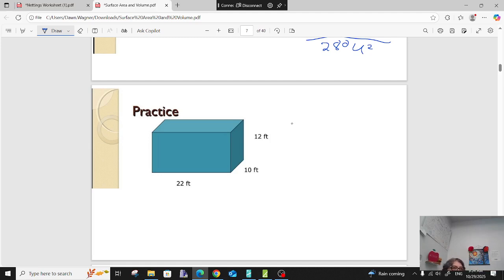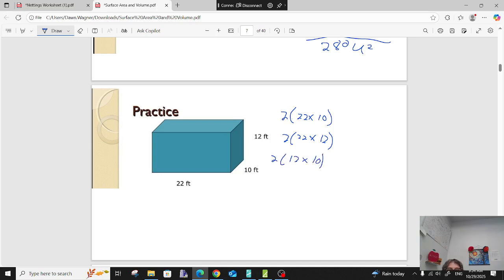I'm going to give you a little hint on this type. When it's rectangular, you should have one of each set. What I mean by that is, I know I'm going to have a 22 by 10, and then a 22 by 12, and then a 12 by 10.